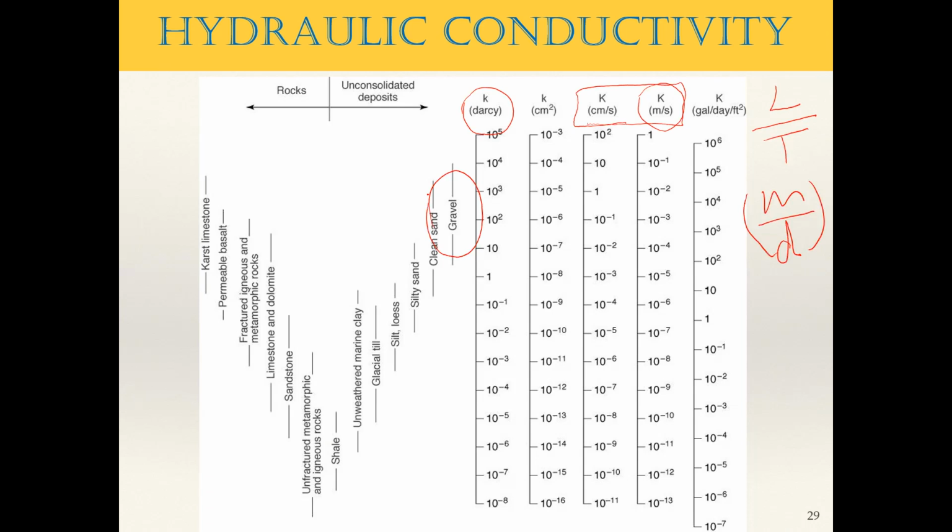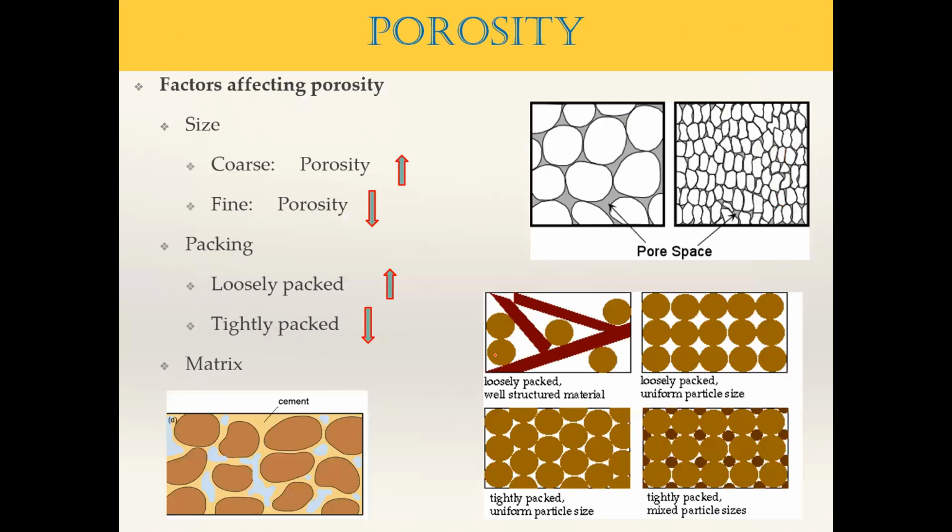Therefore, it is considered as a good aquifer, right? But you see the silt, then the clay, the hydraulic conductivity can be thousands or 100,000 times less than some other geological formations.